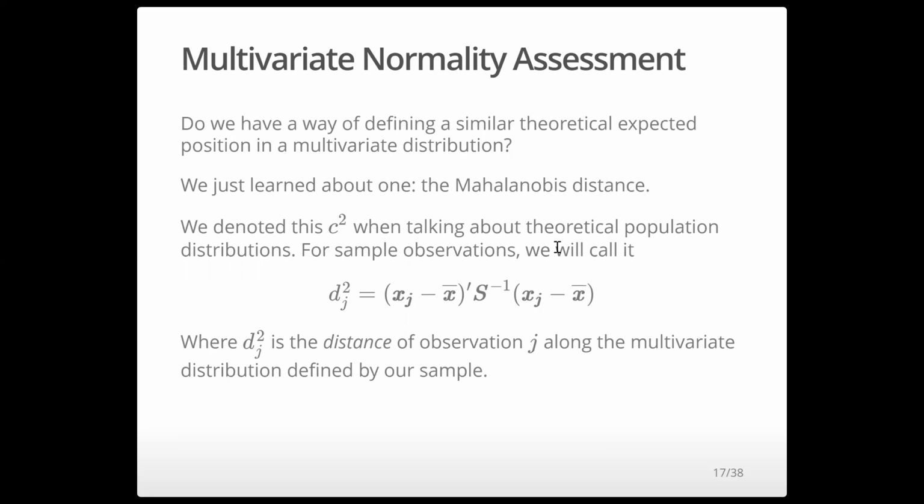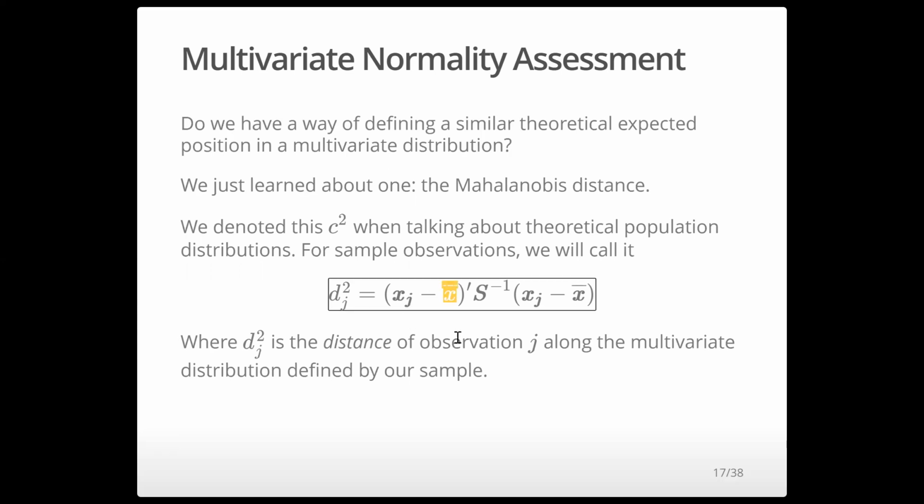When we're talking about sample observations, we're going to call it d squared, and we'll call it d squared j to denote that it's a particular observation from a given sample. And we're using xj to denote the row, essentially the observation that we're talking about. So this is one observation of several different variables.